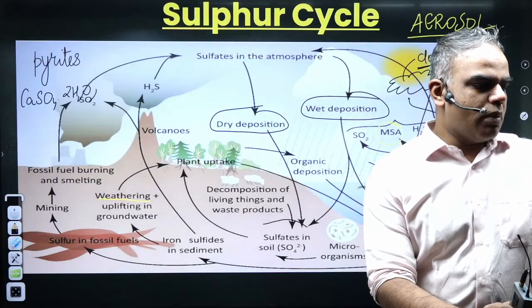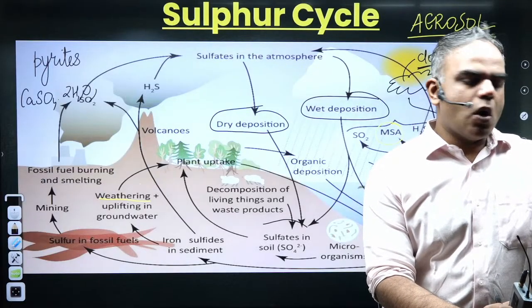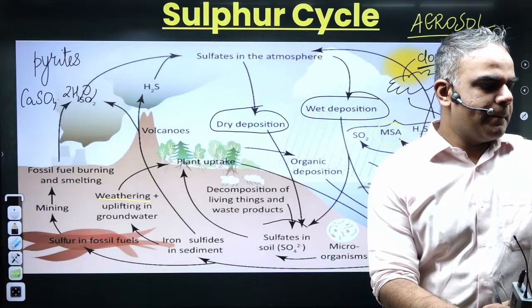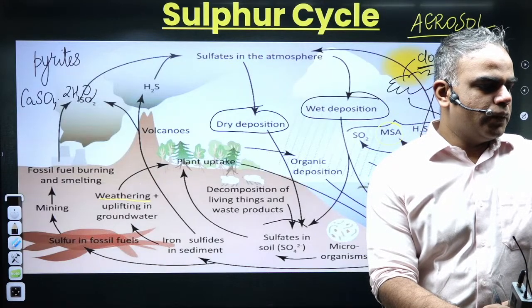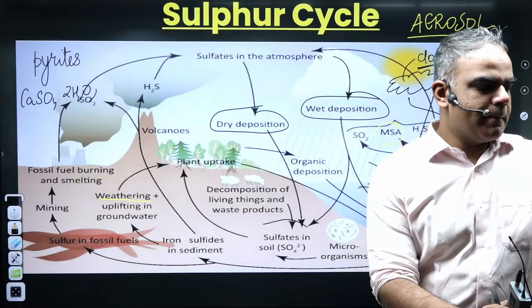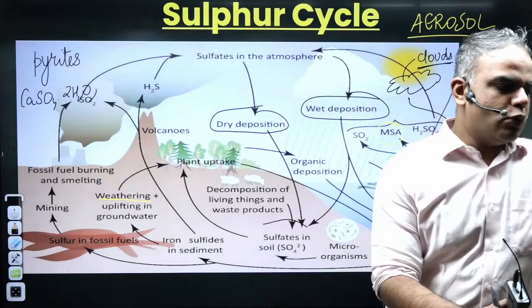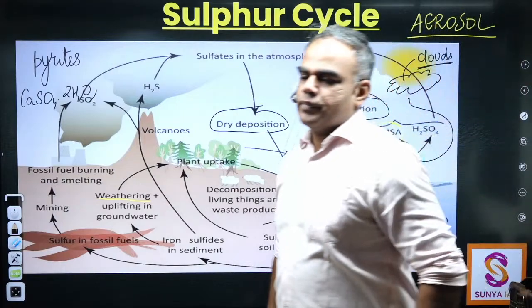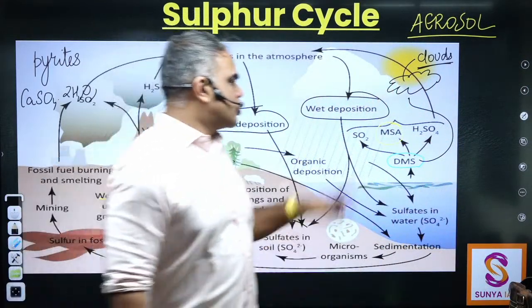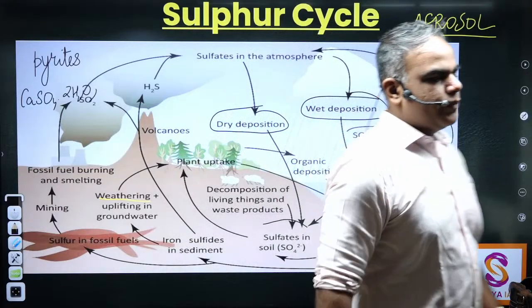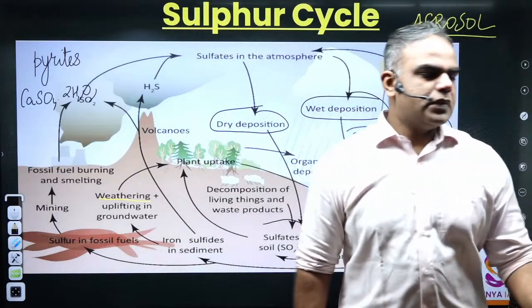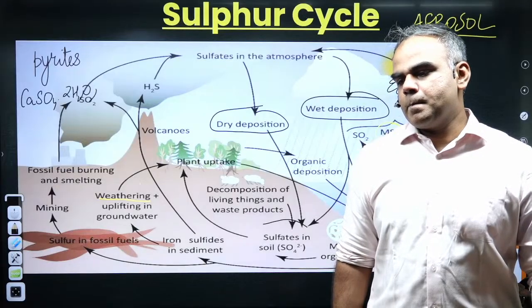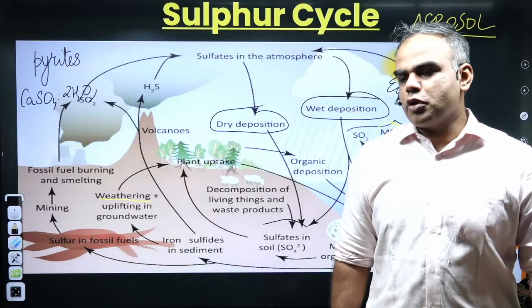Second point: it is formed through oxidation of DMS, especially in cloud droplets and aerosols.